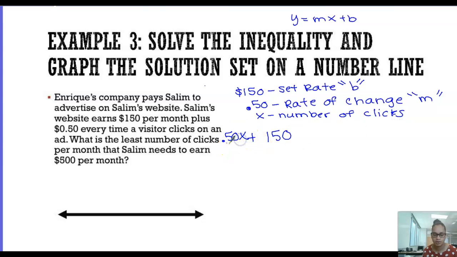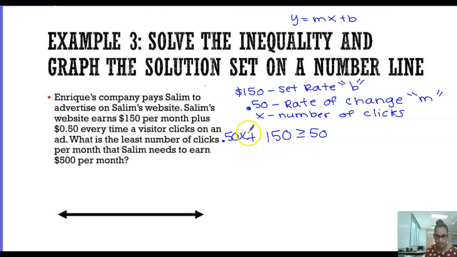So 50 cents per click plus the $150 per month has to be at least $500. It could be more or it could be equal to. So I would go with greater than or equal to. I have to use my reasoning skills to help me figure out what my symbol would be.